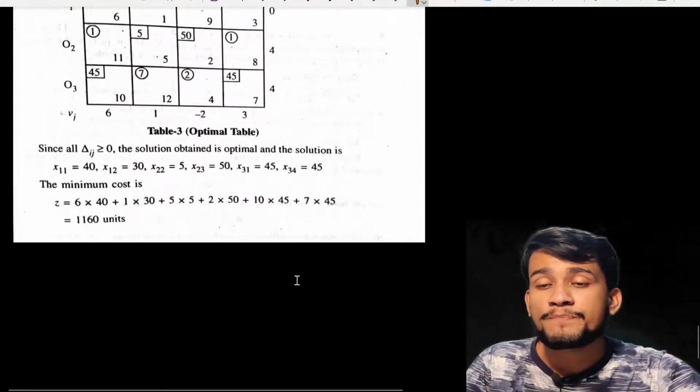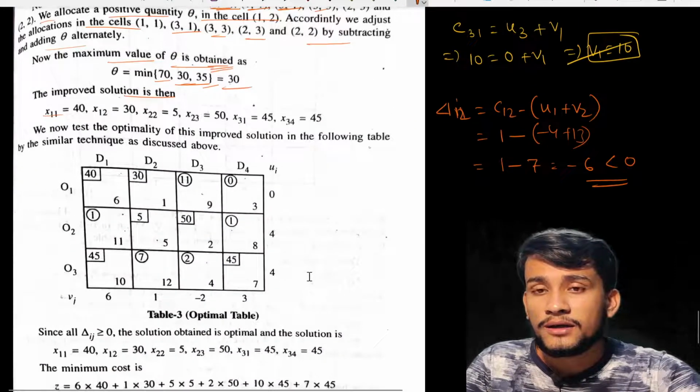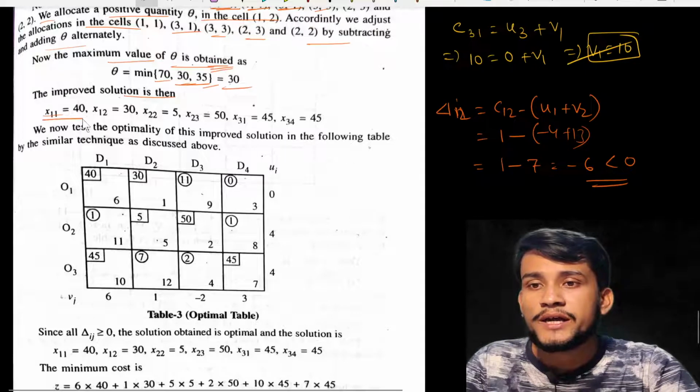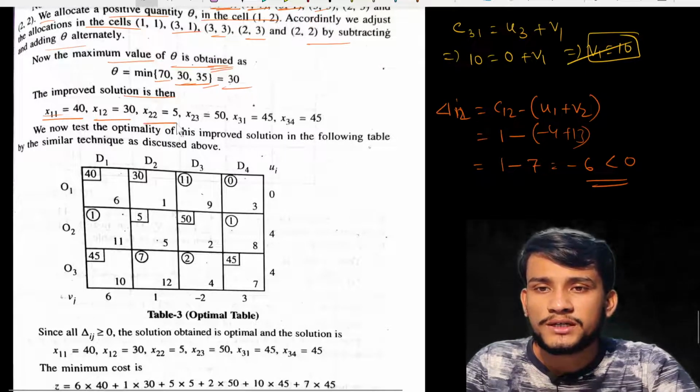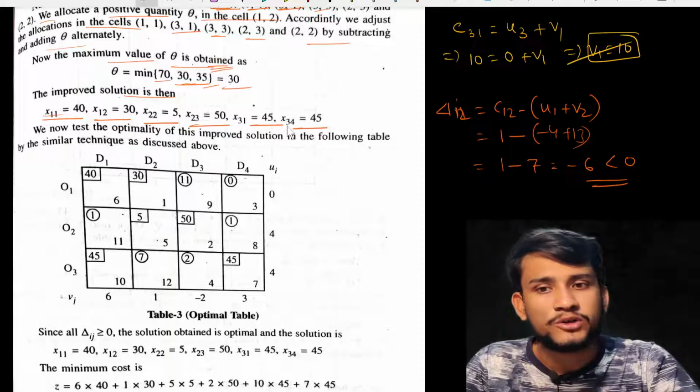This is the solution: x11 equal to 40, x12 equal to 30, x22 equal to 5, x23 equal to 50, x31 equal to 45, and x34 equal to 45.